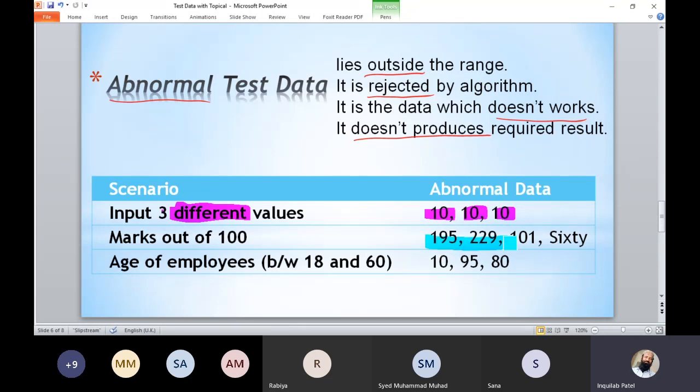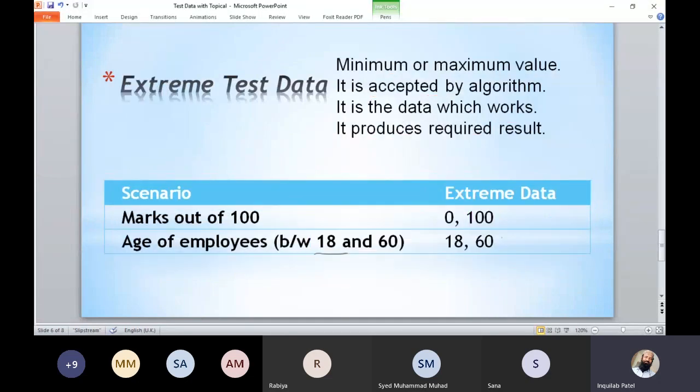These will be considered as abnormal data because these are outside the range and this is an incorrect data type. If you are asked to input the age of employees between 18 and 60, so 10, 95 and 80 are considered as abnormal data because they are outside the range.